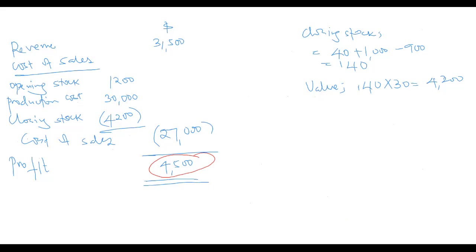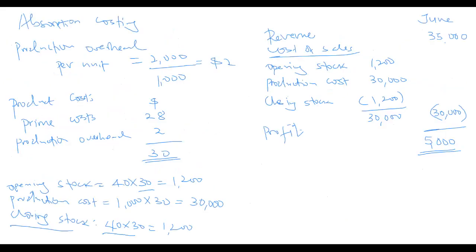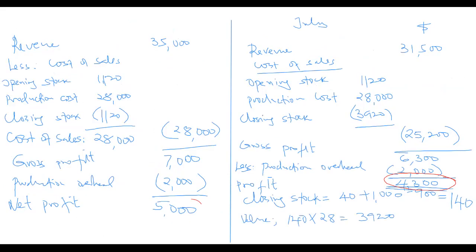So don't forget, it's not a guarantee that the profit will be the same. However, I don't know whether you've put a note here. In the month of June, the profit is the same whether you use the marginal or absorption costing method. We got 5,000 under absorption costing, and we got the same 5,000 under the marginal costing method.